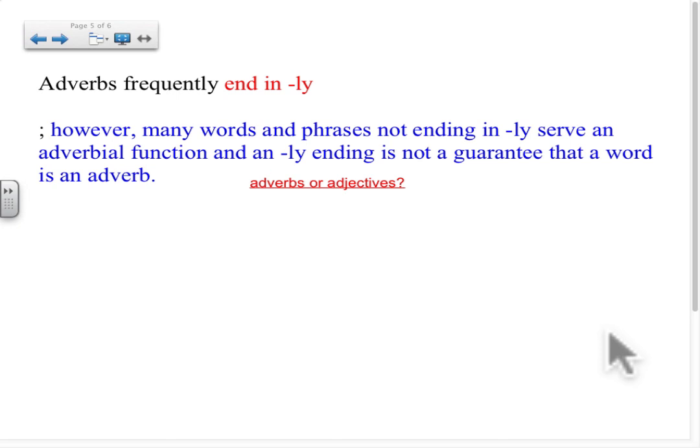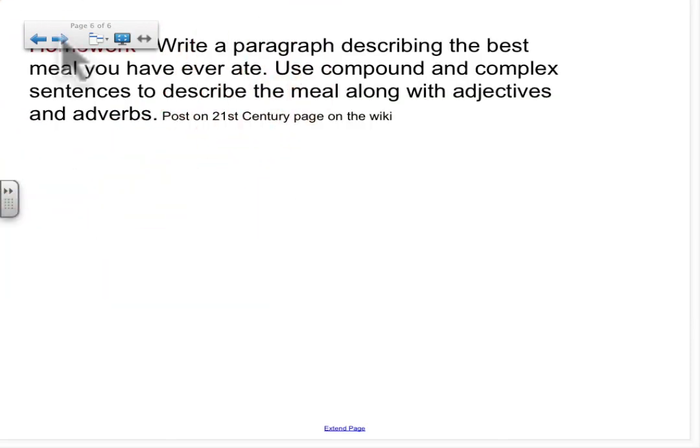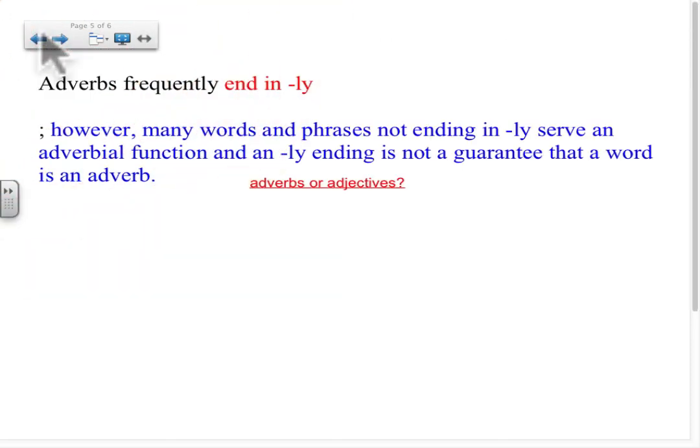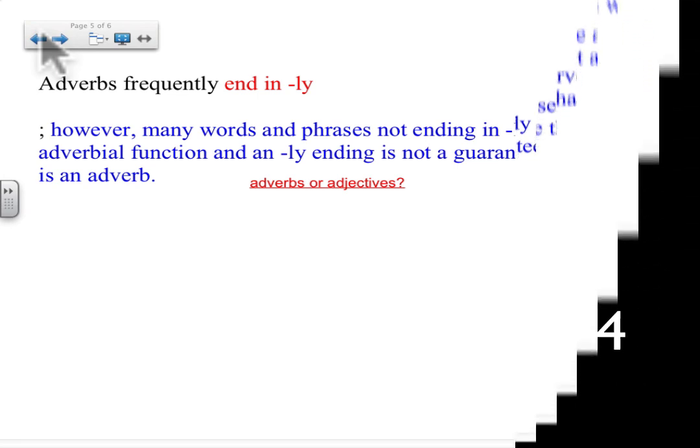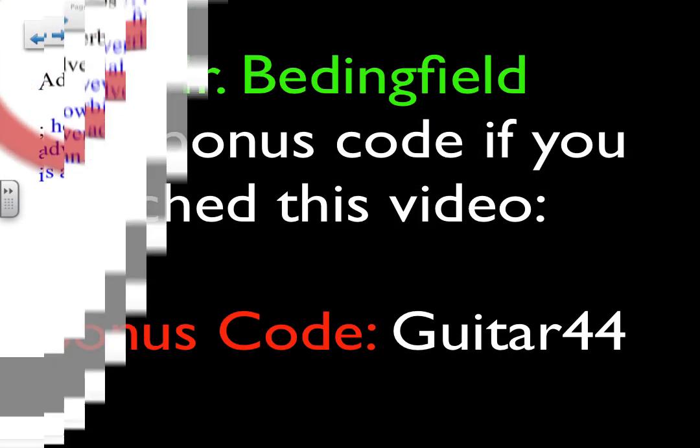Generally, just because you see an ly, 95% of the time you're going to be right. But there is that exception. Adverbs frequently end in ly, but not always. We're going to do that tomorrow. So that's a little lesson on adjectives and adverbs.